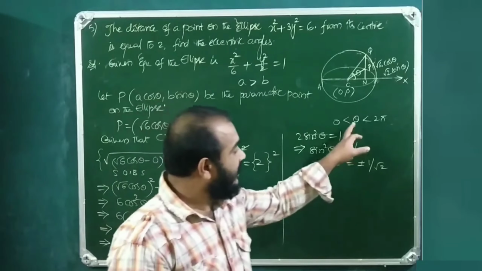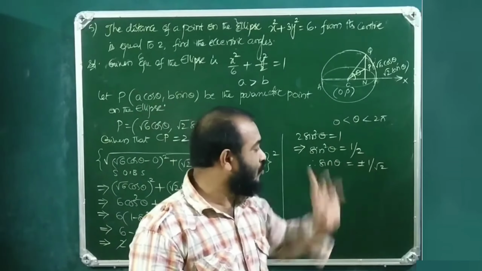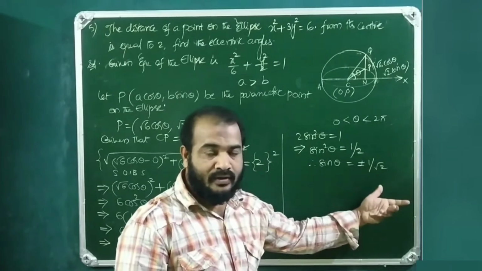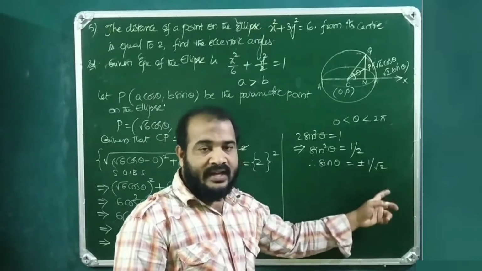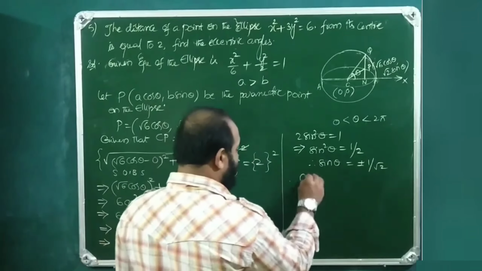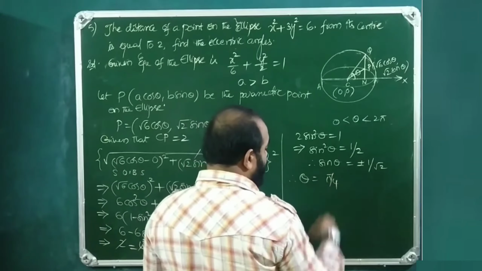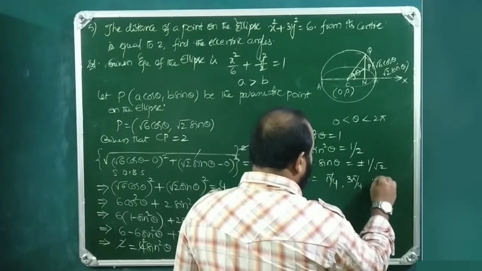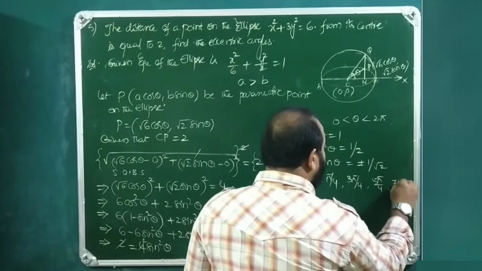So here theta is lying in between 0 and 2 pi. So it could be 1 by root 2 or minus 1 by root 2. So 1 by root 2 is lying in first two quadrants. So therefore theta is equals to, it could be pi by 4 or 3 pi by 4 or 5 pi by 4 or 7 pi by 4.